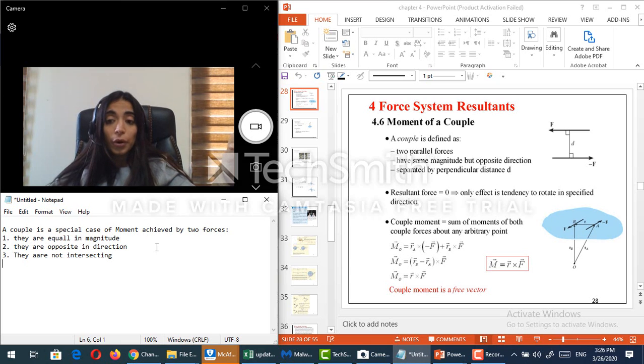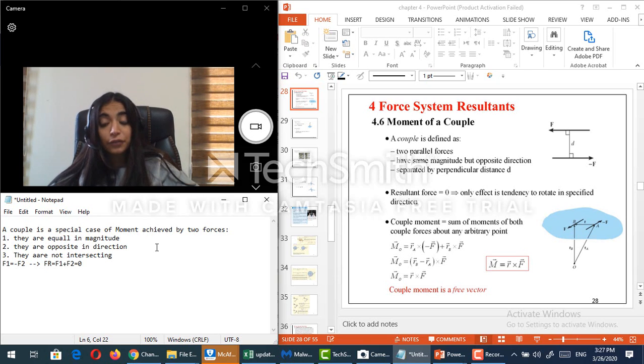And remember, these two forces should be equal in magnitude, which means F1 is equal to F2 in magnitude. However, they are opposite in direction, which means F1 vector is equal to minus F2 vector. Since F1 vector is equal to minus F2 vector, this means that the sum of forces, or F resultant, is equal to F1 plus F2, which is equal to 0.